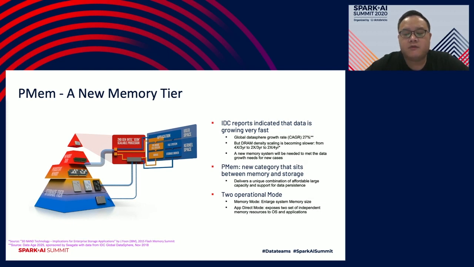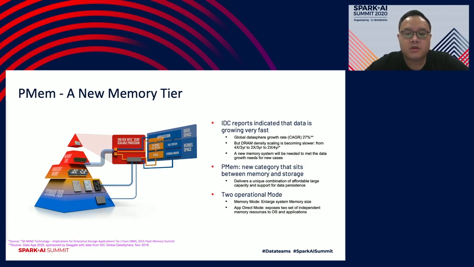But if we take a look at the DRAM density, it does not grow correspondingly. The growth rate is becoming slower and slower. For now, it's like every 4 years, the DRAM density will grow 2 times. So there will be a gap between the memory subsystem and the data increase rate.